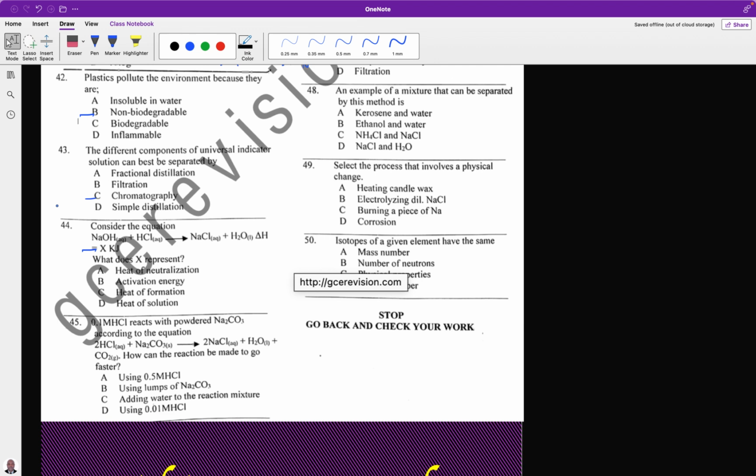So X is the enthalpy of neutralization, or heat of neutralization. So A is the right answer. Let's go to question number 45.